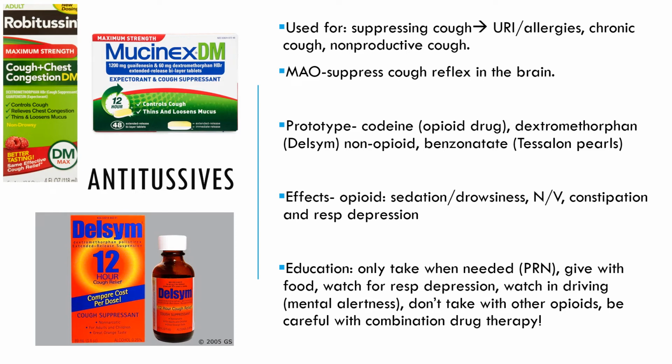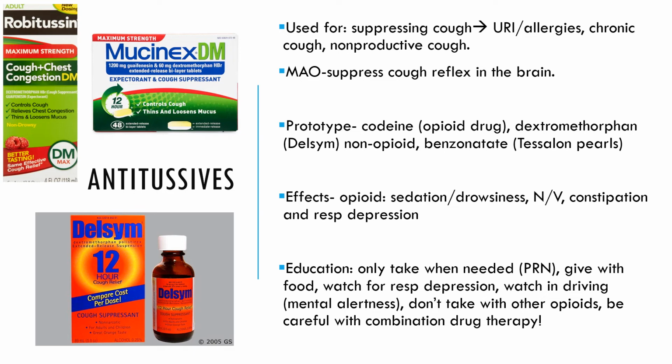No, that's correct. So we only use this in non-productive cough or a chronic cough or for allergies. Your prototypes, you have codeine, which is an opioid drug. We discussed that earlier when we talked about opioids. We have dextromethorphan or Delsym, which is a non-opioid. And then we have benzonatate or Tessalon Perles.